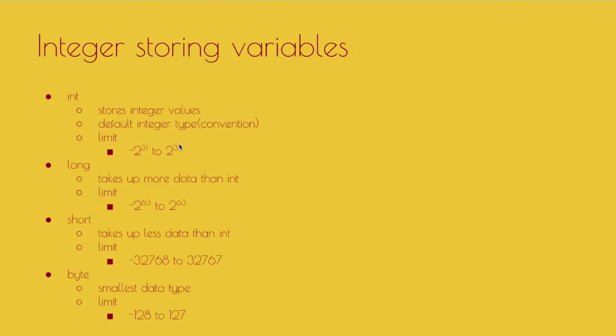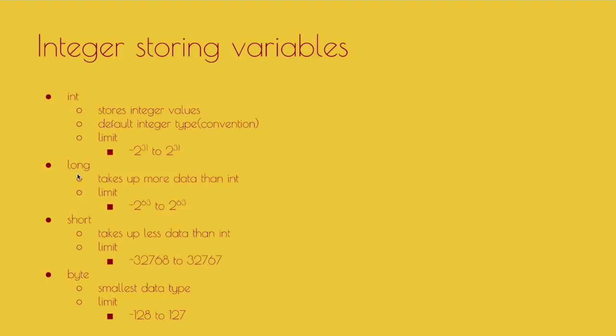Not really important with the small values that we'll be using in robotics, but you should definitely keep this in mind. The long takes up more data, but you can also reach higher and lower values because of its greater data width.